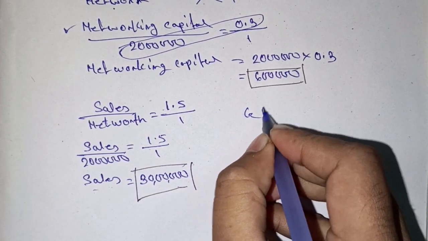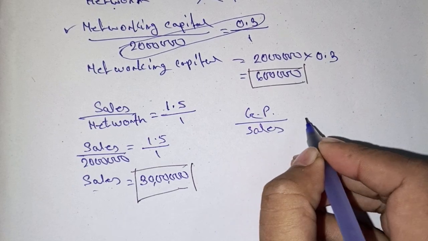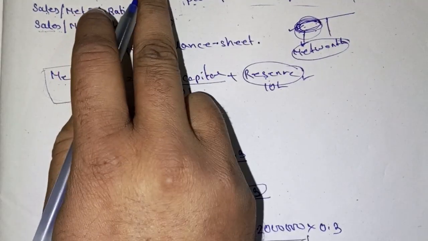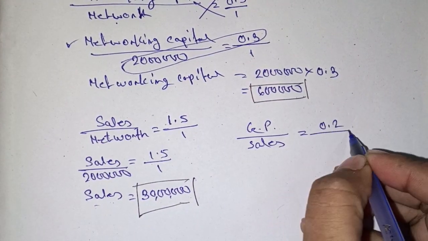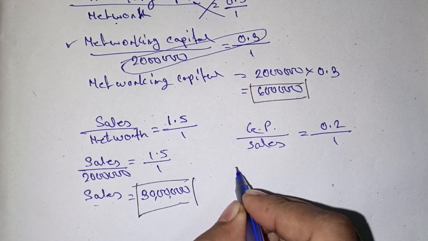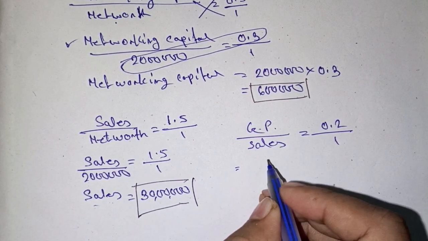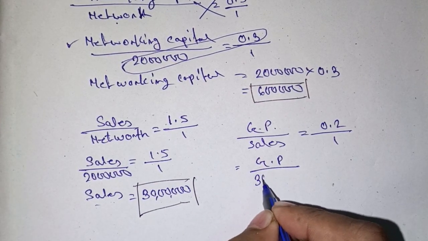So GP means gross profit by sales equal to 0.2, 0.2 divided by 1. Then we have to find GP, but sales is given here, 30 lakhs.